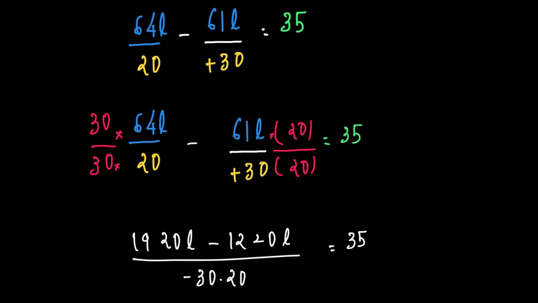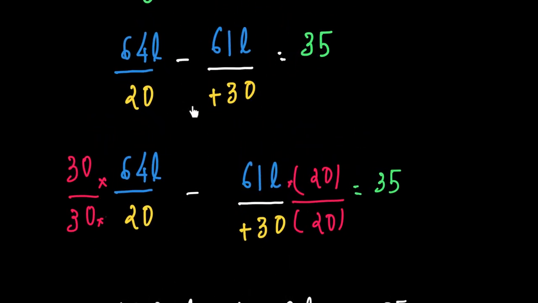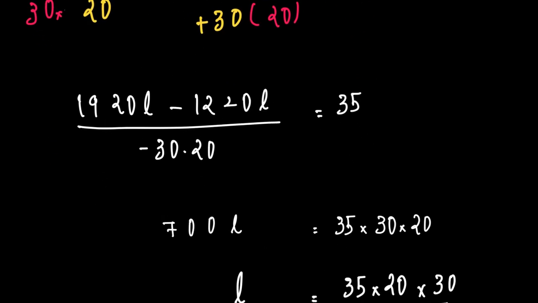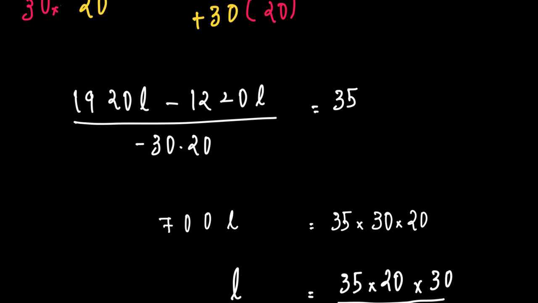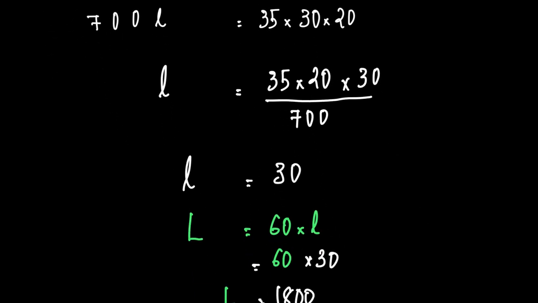And to equate the denominators, I multiply with 30 in the first fraction and 20 in the second fraction. And therefore, what we get is 35 into 30 into 20 is equal to 700L, and therefore L is equal to 35 into 20 into 30 by 700.